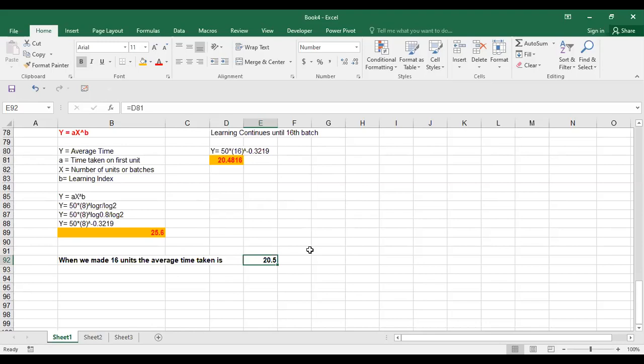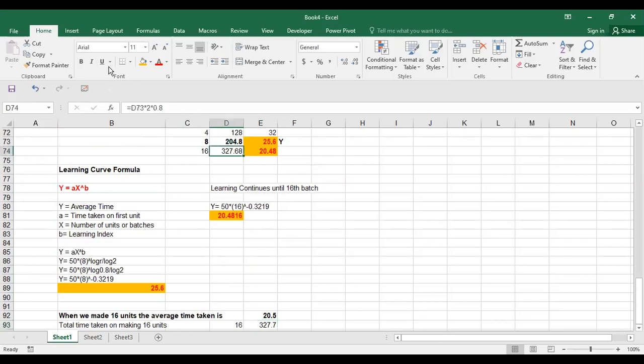Average time. So I ask you the total time taken on making 16 units. How much is the total time for 16 units? So you should put 16 here and you should multiply 20 with 16. So the total time taken on 16 units is 327. This is what you have calculated above, 327.